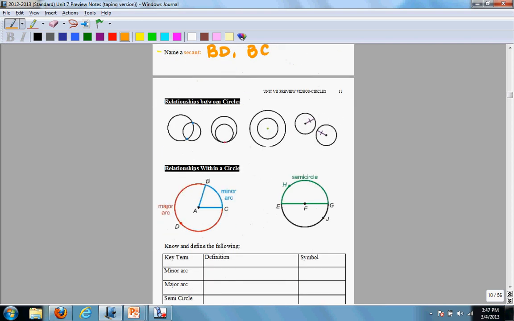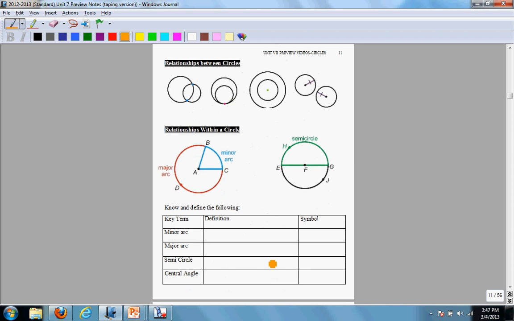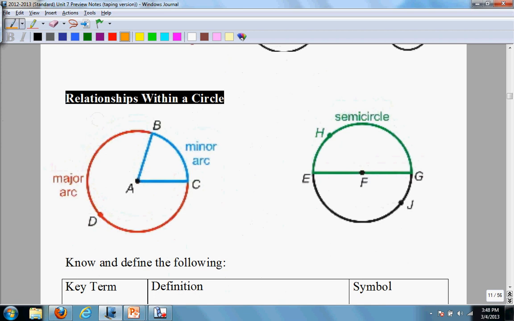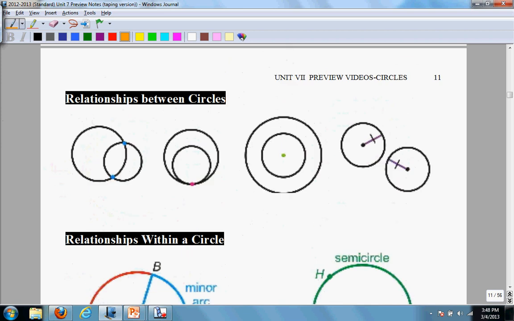Now there's a vocabulary of position between circles. Let's go over that. These 2 circles here, I'd like you to trace them. Then trace this one. These 2 circles are circles that intersect.